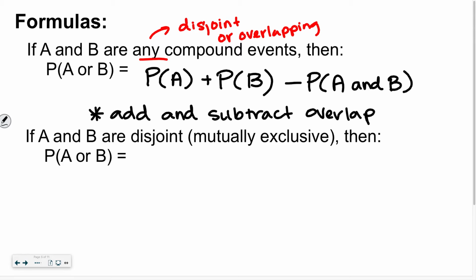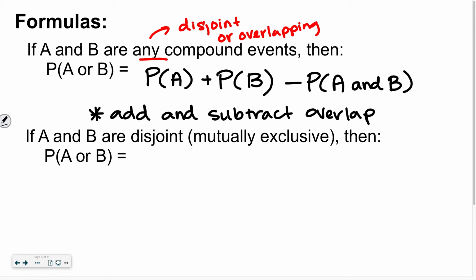Then I had 11 plus 13 was 24 minus 7. That brings me down to 17 out of 20, which is a much more reasonable number. And then if I subtract that overlap for the 7 people who were female and sophomores at the same time, then I'll have counted them only once, because I subtracted the time I double counted them. Does that make sense?